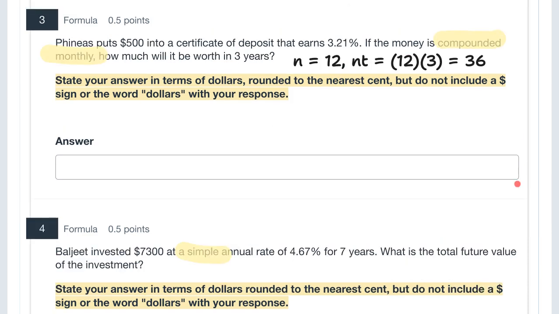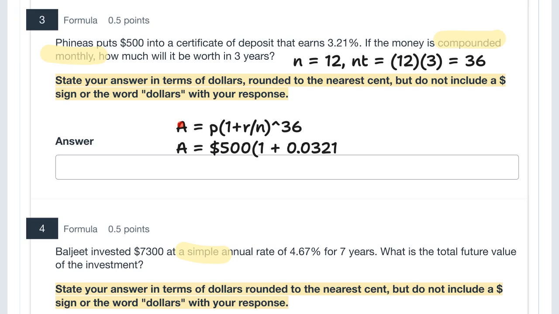So when I type this in, my formula is going to be A equals P times 1 plus r over n, and that's going to get raised to the 36th power. My exponent is 36. So A is his original $500 times 1 plus the interest rate 0.0321 divided by 12 because it's monthly, and then my exponent will be 36.